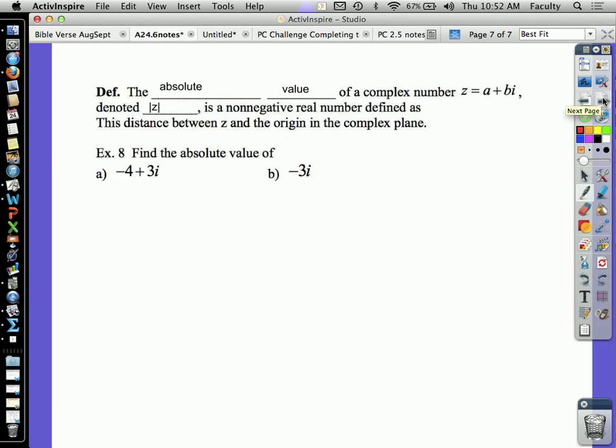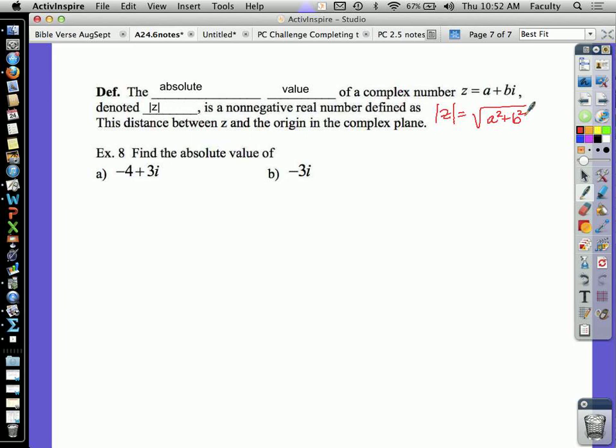The following says the absolute value of a complex number, we're going to call it z. If z is a plus bi, then the absolute value of z you can find by the square root of a squared plus b squared. And that really is what I did on my coordinate grid. It's the distance between z and the origin in the complex plane.